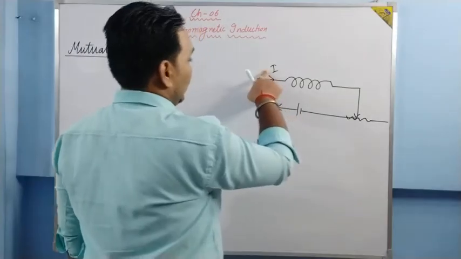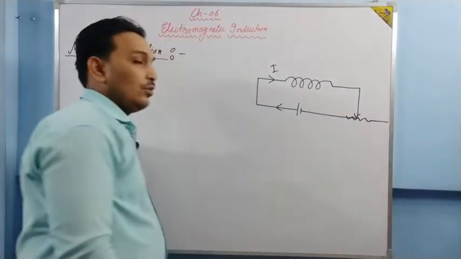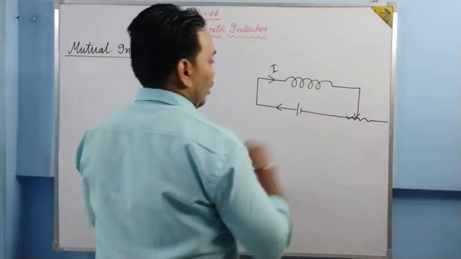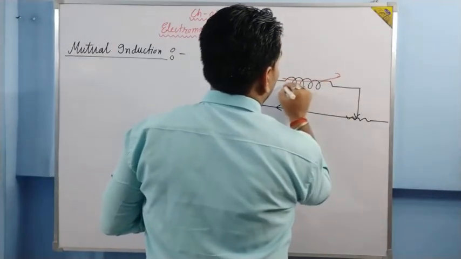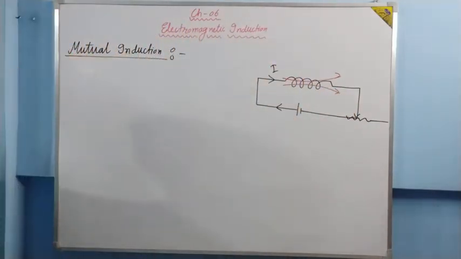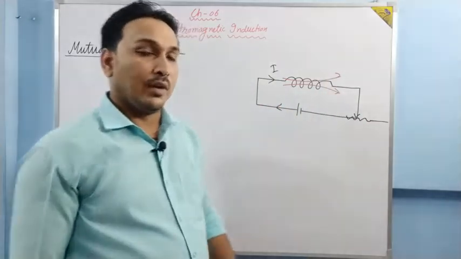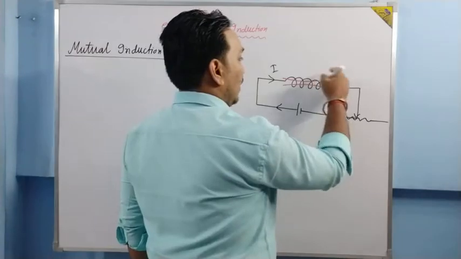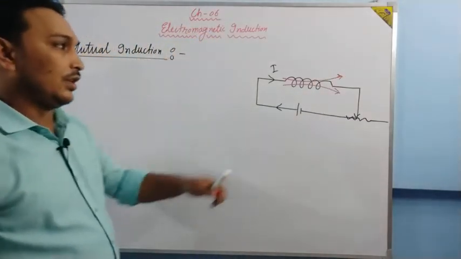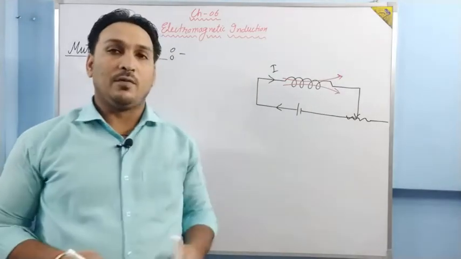Due to this changing current, there is an EMF induced in the coil, because this current surely produces a magnetic field, or we can say magnetic flux passing through the coil, right? And if this current changes, then this magnetic flux also changes. And when magnetic flux changes, EMF will be induced.